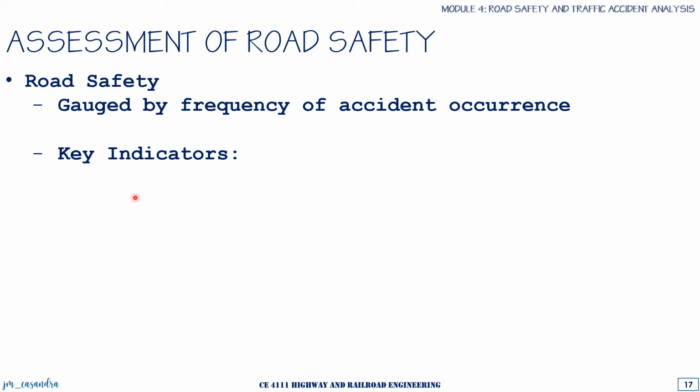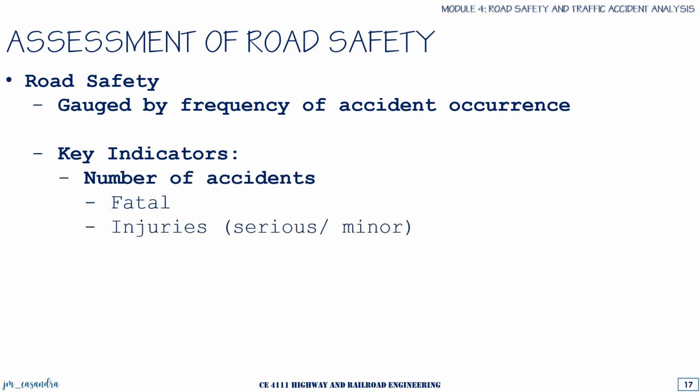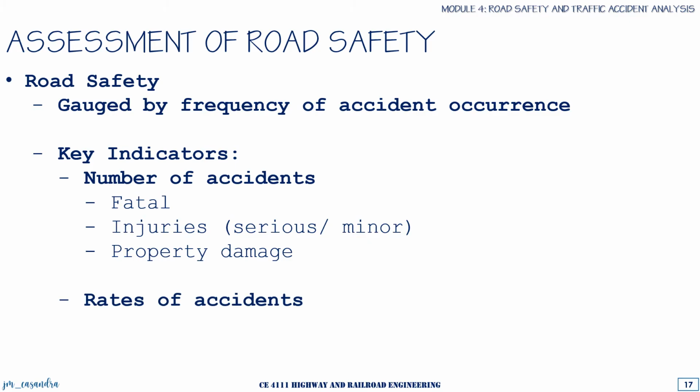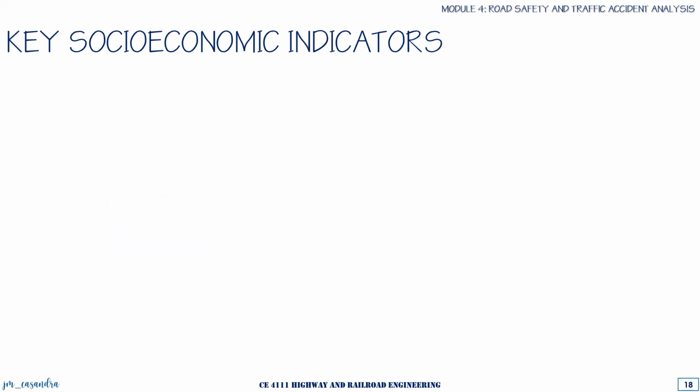So the key indicators for road safety would be the number of accidents, and if it is fatal, a serious injury or just a minor injury, and the property damage. So aside from the number of accidents, you have to also classify what kind of severity the accident produces. And then aside from that, we also have the rates of accidents in your study area. So when we say rate, that would be the frequency of accident.